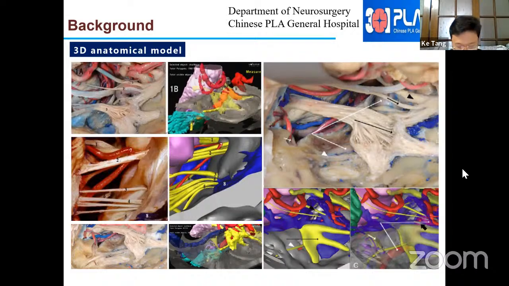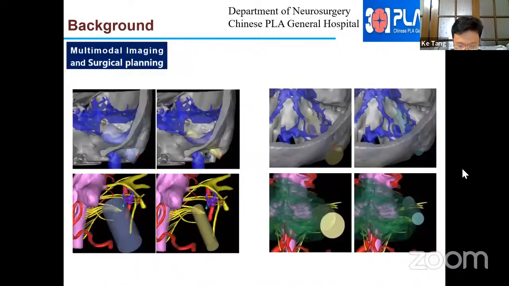We can see the observed results of the three-dimensional model from multimodal imaging were consistent with those of the cadaveric head, and the three-dimensional anatomic model can be used to make surgical planning. We also use multimodal imaging to conduct lesion-specific modeling for the path planning of microsurgery. Briefly, we use data of MRI and CT to establish the model.